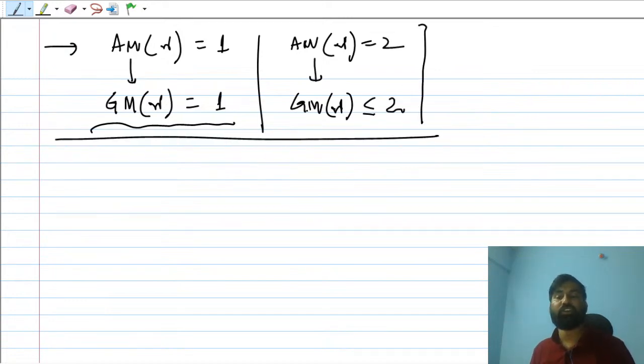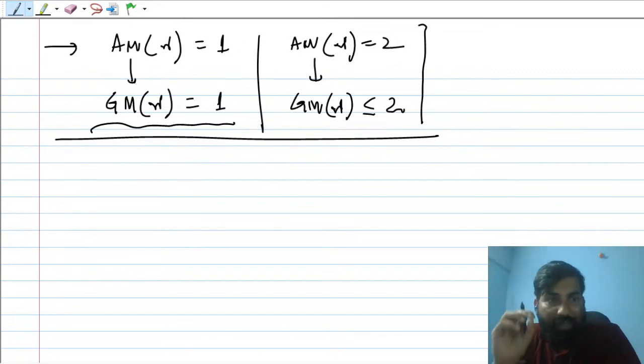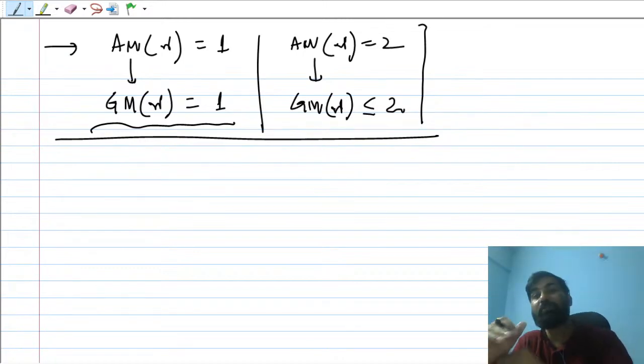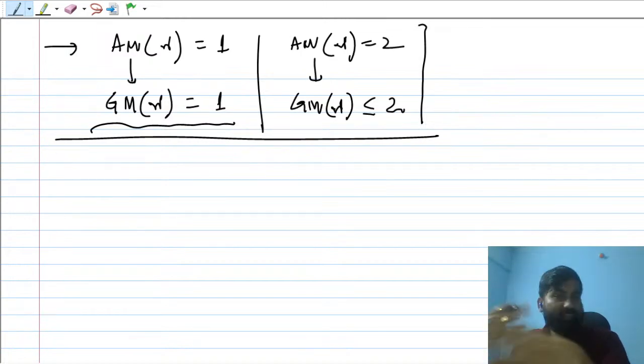Remember, this is a very important concept. What is the meaning of 2? There is an eigenvalue which is not distinct. Not all the eigenvalues are distinct. There are 2 eigenvalues which are getting repeated.